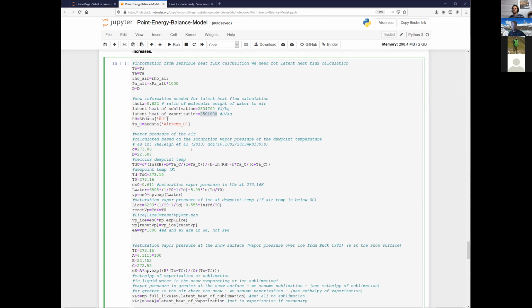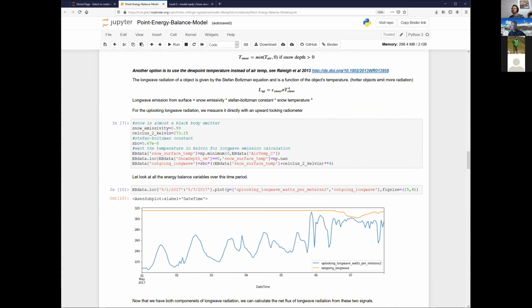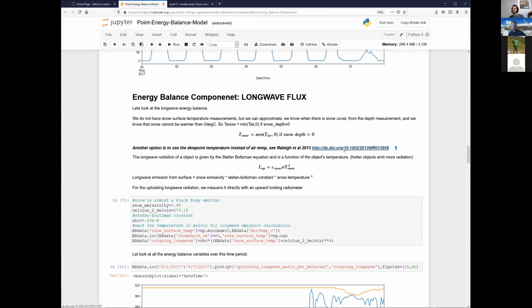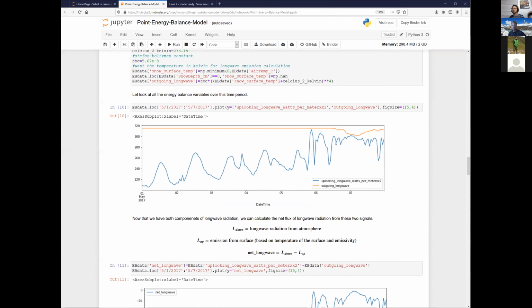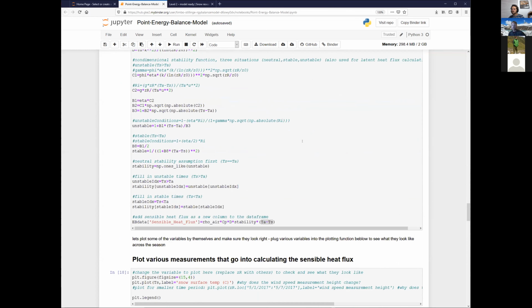Once we have all that, we have to calculate the vapor pressure of the air. I've added a reference here, and the link to this reference is actually up. Sorry about this. It is right here. So if you want to look more closely into these equations, you can click on that link. But where are we?